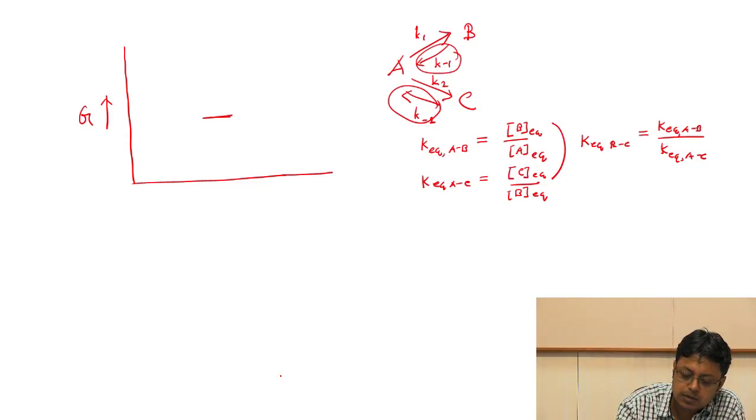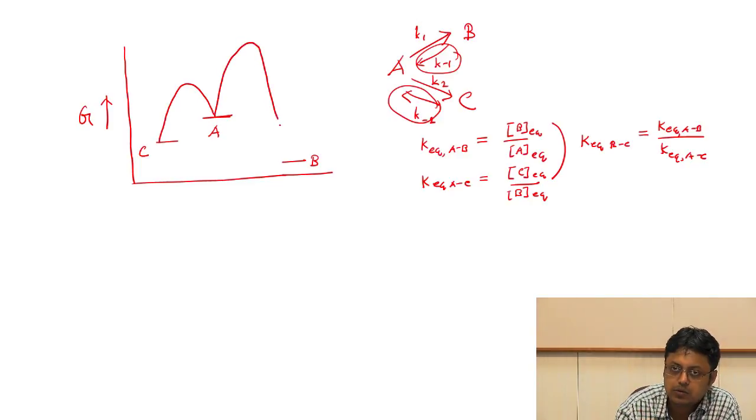And here suppose this reactant, which is A in this case, goes to the product either B, or goes to the product C, which we took as an example in the last class. Let us also assume that from A to B it goes like this, and for A to C it goes like that.